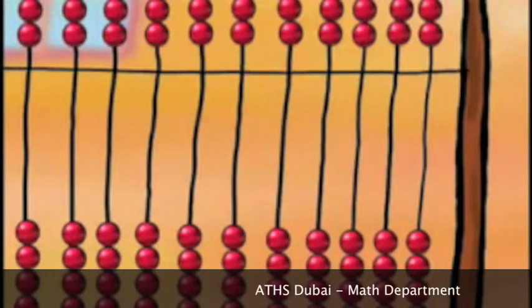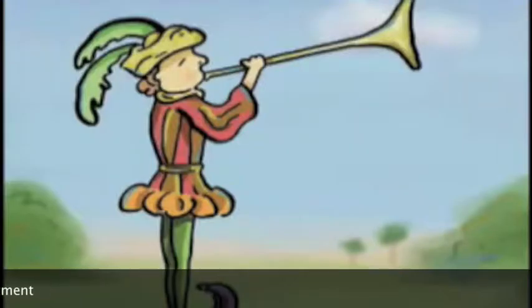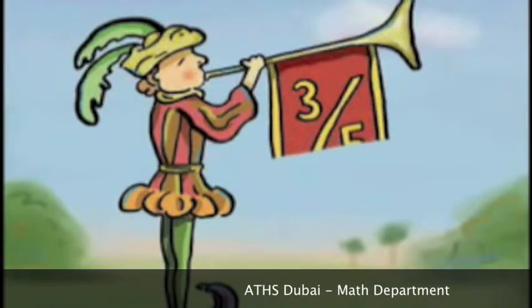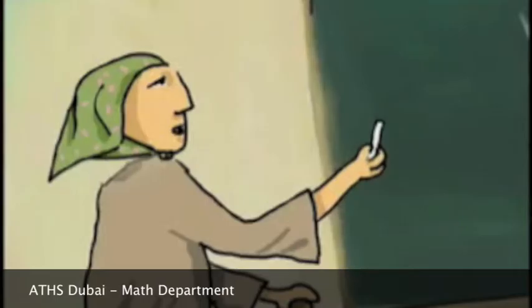For example, 3/5 would be 6 out of 10 on an abacus. The Chinese lovingly named the numerator the sun and the denominator the mother. It wasn't until the 12th century that common fractions with the bar notation that we use today were invented. Even then, these fractions weren't widely used until the Renaissance period, only 500 years ago.